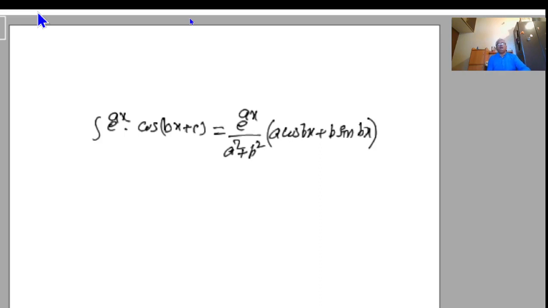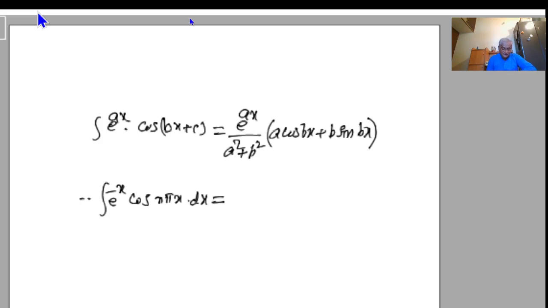This is the formula to find the integration of e raised to ax into cos of bx plus c. Therefore, for e power of minus x into cos n pi x dx, here we have a equal to minus 1, b equal to n pi, c equal to 0.